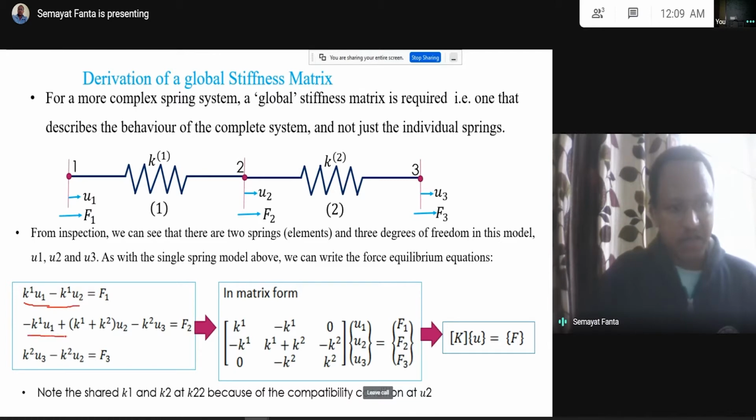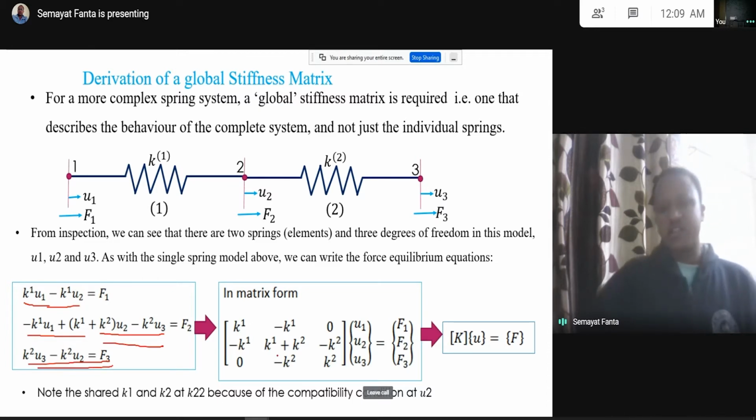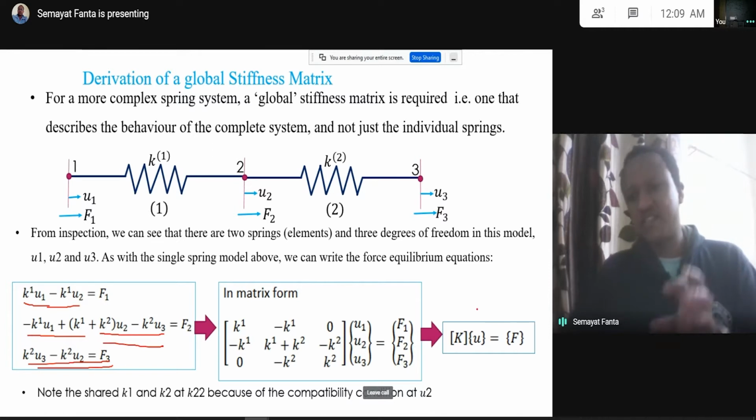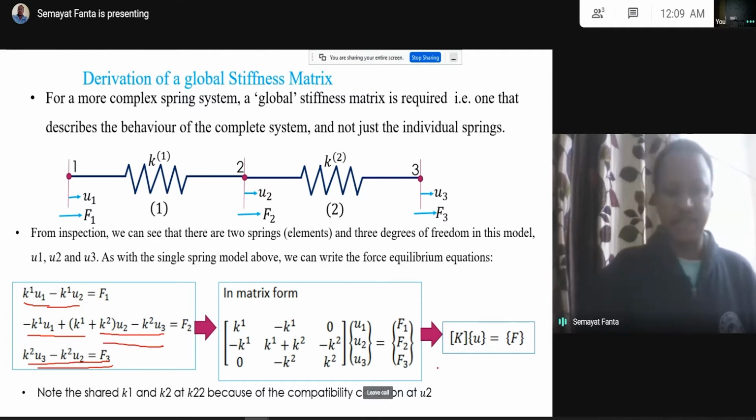This plus this is for the first part of the equation, and for the second part of the equation, this plus this, which is easily represented with matrix representation. This is the matrix representation. Finally, this is not the governing differential equation, but it is the finite element equation.